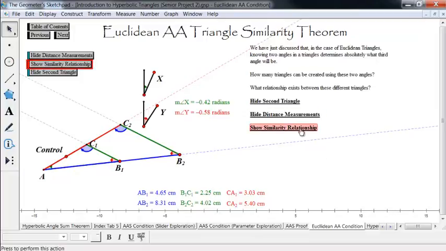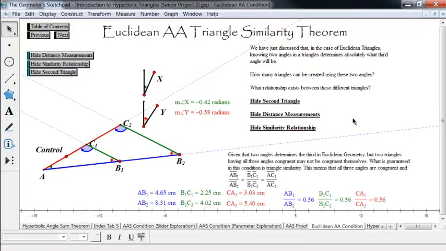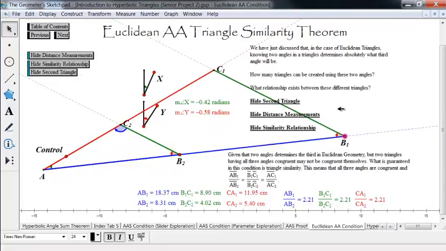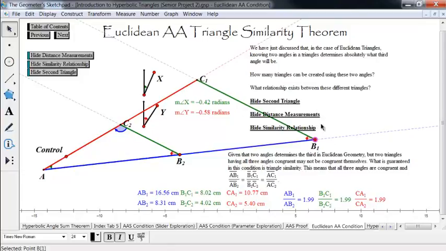But if we do the ratio of corresponding ones, blue over blue, green over green, red over red, corresponding sides, making sure that the ones from triangle 1 are on top, we get the same number each time, which is kind of interesting.